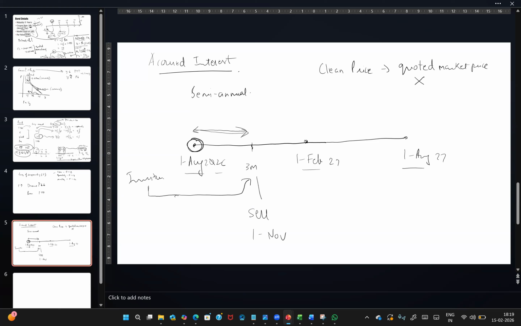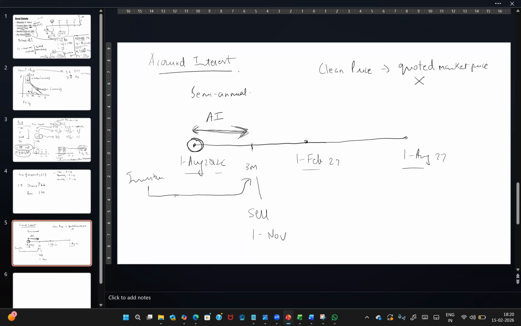So the investor is liable to get the coupon for 3 months because it has held the bond for 3 months. But in reality, the next coupon is only on 1st of Feb. Theoretically, the investor should be getting a 3 month interest or coupon payment, right? But the next coupon payment is only on the 1st of Feb. And hence this concept of accrued interest.